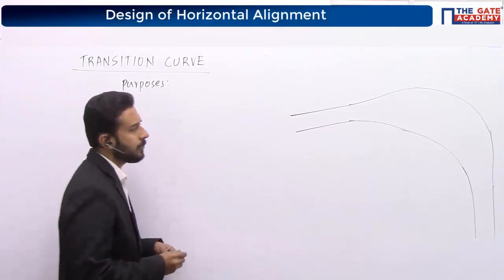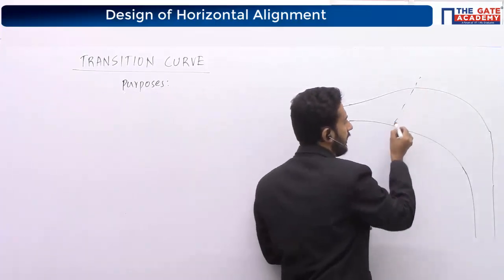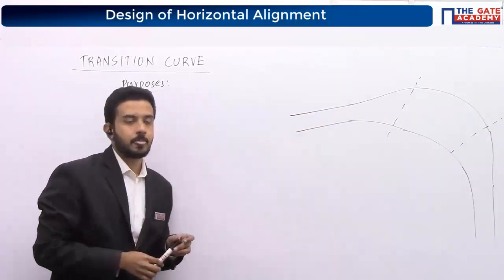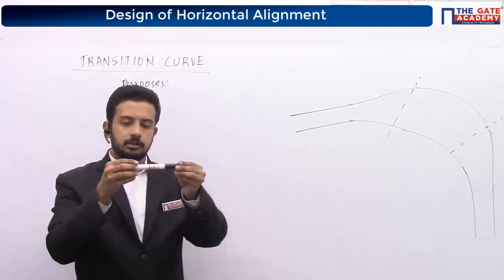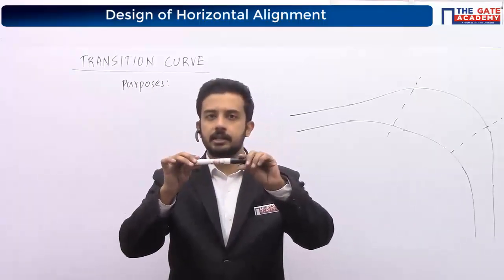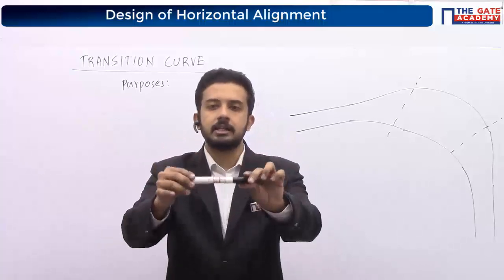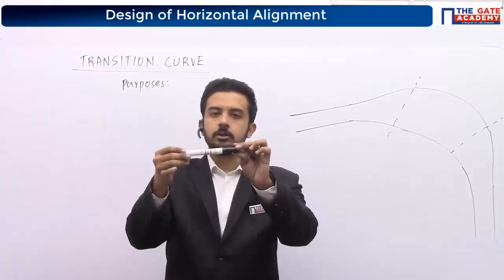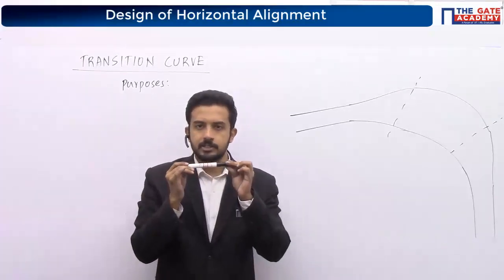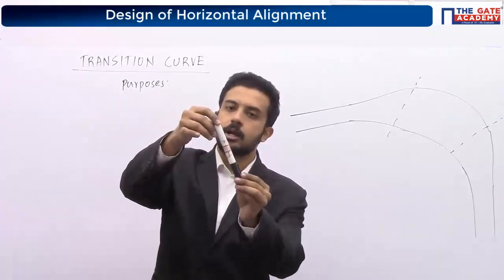Second purpose: on the circular curve, whenever this circular portion is reached, we need super elevation. On the straight road, the road is very straight, and a camber is also there, something like this. But whenever we reach the circular curve, we are going to give some slope, the super elevation. If it is a straight road, suddenly you can't do this.